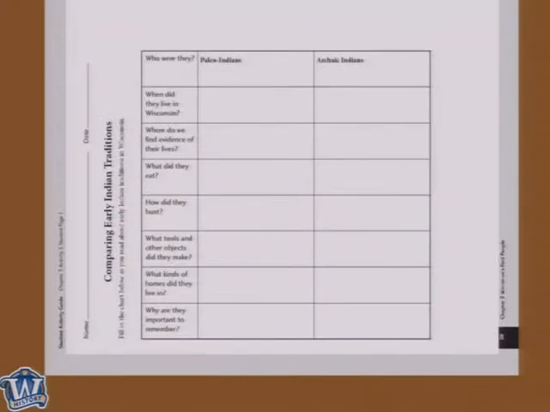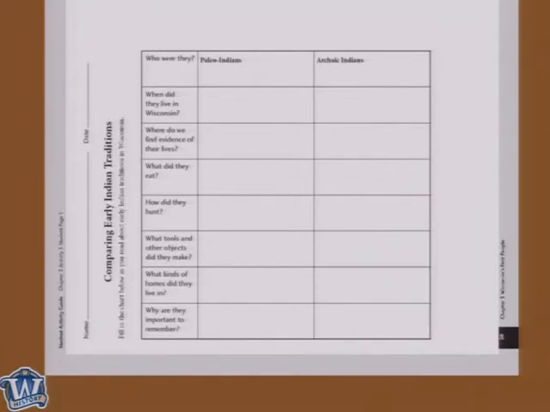Here's another activity that helps students in Chapter 3 do that compare and contrast that I talked about a little bit earlier. It's focusing on the different periods that Indians were living, the Paleo period and the Archaic period on this particular worksheet, and asking questions about where did they live, what did they eat, how did they hunt, what tools did they use, and what were their homes like.